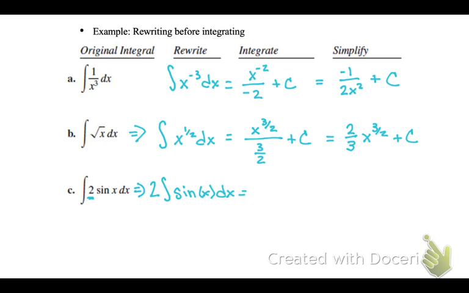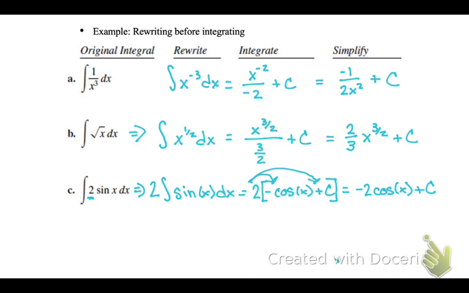Okay. So I have 2 negative cosine of x plus c. Always the plus c, right? So now what? Simplify it. So negative 2 cosine of x plus c, because technically the 2 goes into both, yes?